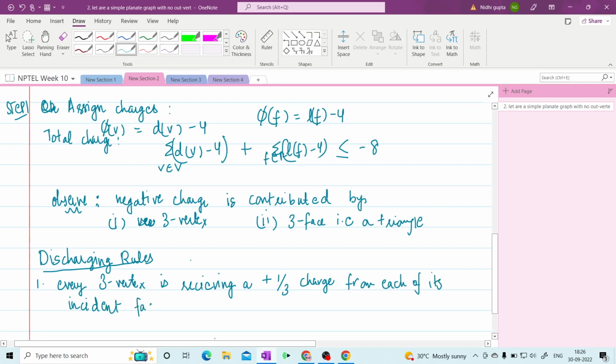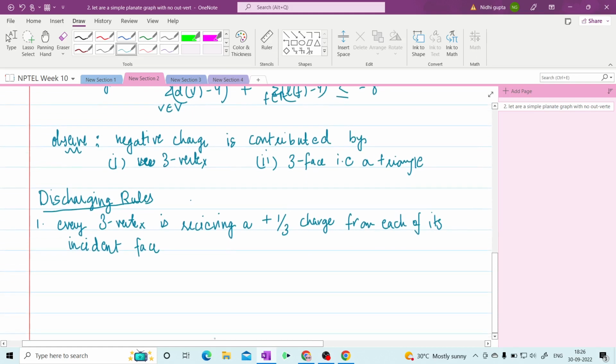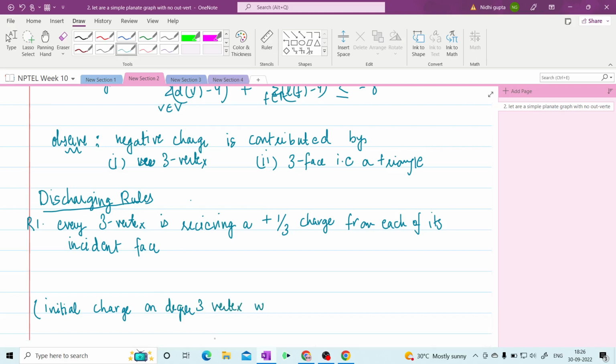Each of its incident face. So now, every initial charge on degree 3 vertex was -1. After R1, we see that since this graph has no cut vertex, each 3 vertex is incident to 3 faces.